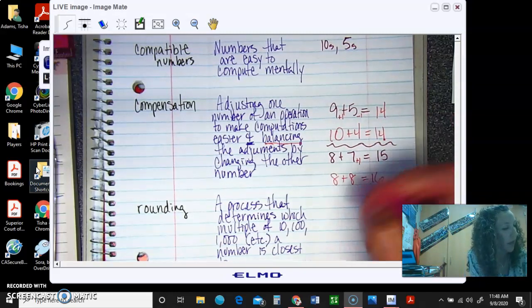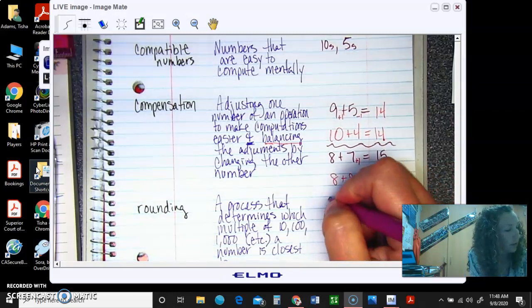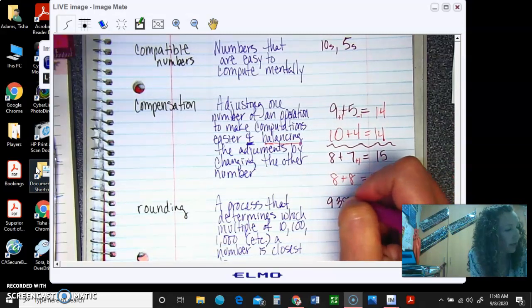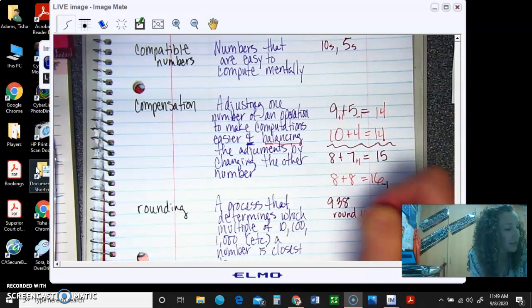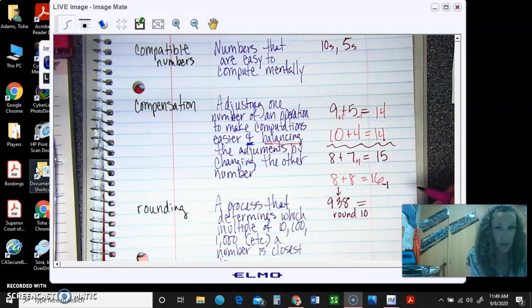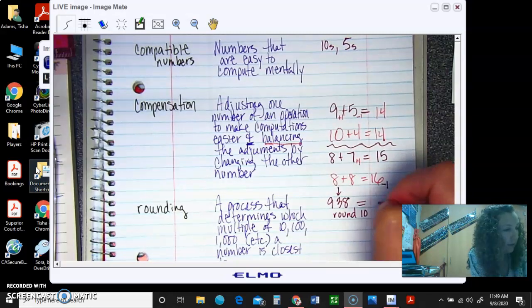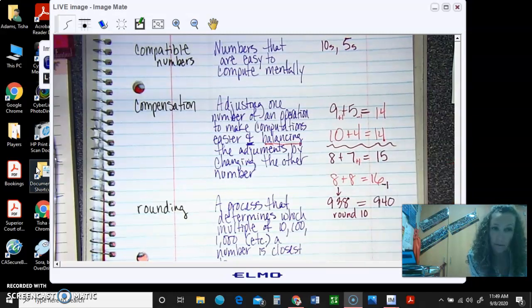Okay? So, for example, if I would have 938 and I said round to the nearest 10, well, then we have this position that we're rounding to, right? And it becomes 940.